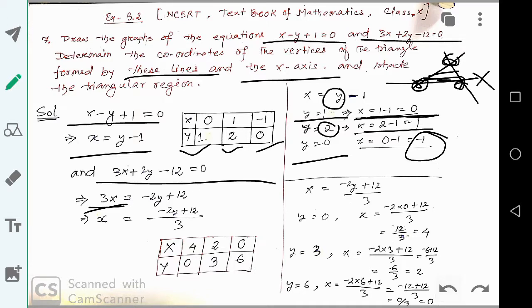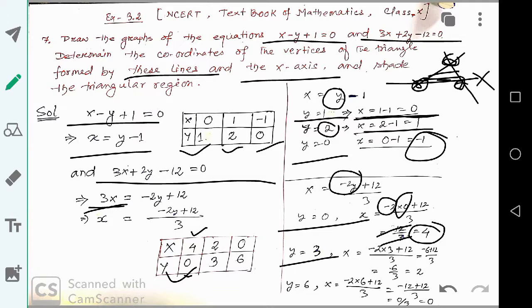Now let's put y equal to 0. The term is minus 2 into y, so it becomes minus 2 into 0. 2 zeros are 0, so 0 plus 12 is 12. 12 by 3 is equal to 4. So we have got the point 4, 0. Then let's put y equal to 3.